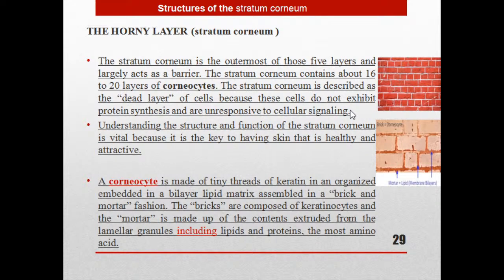It is organized, embedded in a bilayer lipid matrix assembled in a brick and mortar fashion. The bricks are composed of keratinocytes, and the mortar is made up of contents extruded from the lamellar granules, including lipids and protein, the most amino acid.